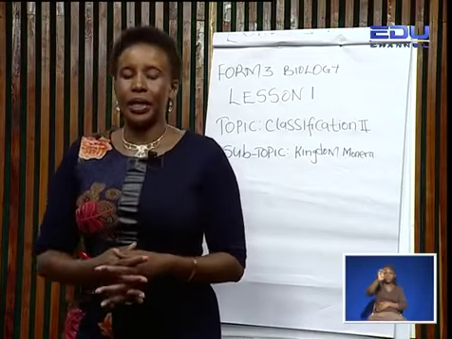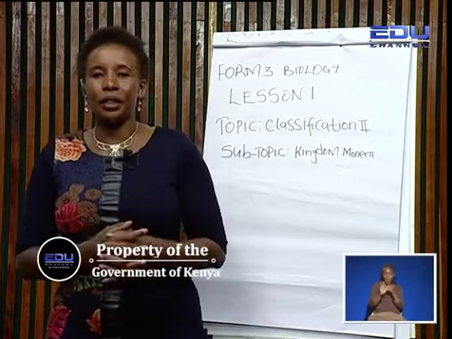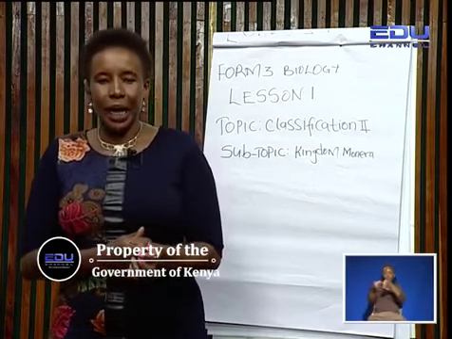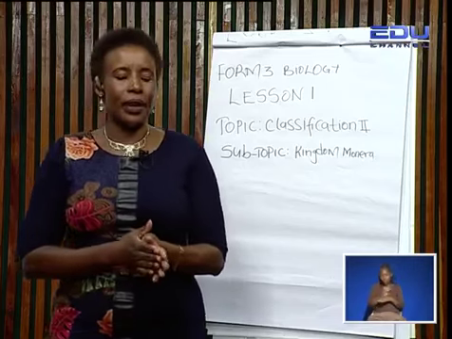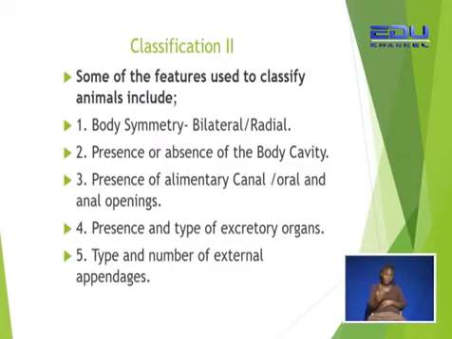So we have different features that are used to classify these living organisms. Some of the features used to classify animals include, number 1, the body symmetry. Some living organisms have bilateral symmetry, that means they can be divided into 2 equal parts, while others have radial symmetry, meaning they cannot be divided into 2 equal parts.